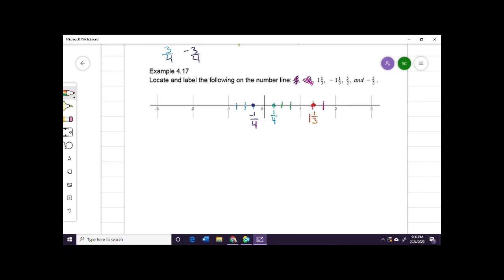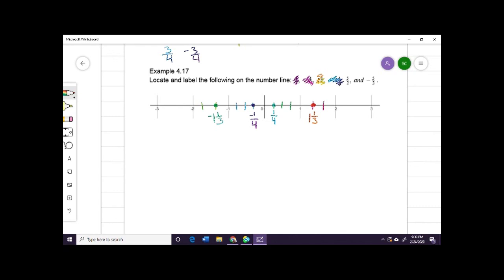For the negative 1 and 1/3, I do the same thing the opposite direction. So I'm going to go a whole 1 to the left and divide the next section into 3. So negative 1 and 1/3. It's located right there.